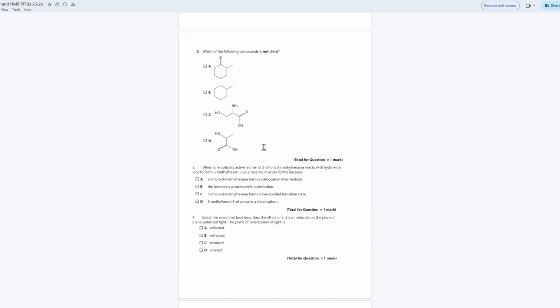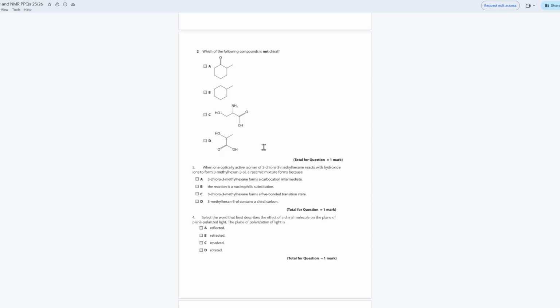Okay, question 2. A. Which of the following compounds is not chiral? I would go B, right off the bat, because so many of those carbons.